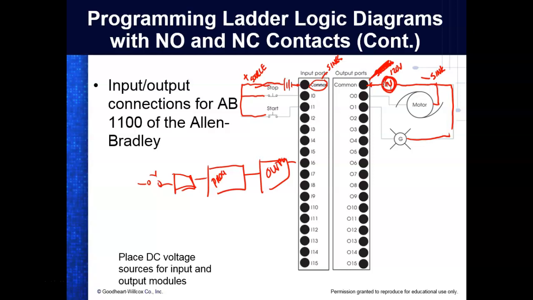The scan used to be long. Now the processors are so fast, this is almost instantaneous. Once it does one rung, what would it do next? Fall down to the next rung, the next rung, the next rung, right? That makes sense. And we call that a scan. A scan cycle would be how long it takes to scan your whole ladder diagram. Does that make sense?